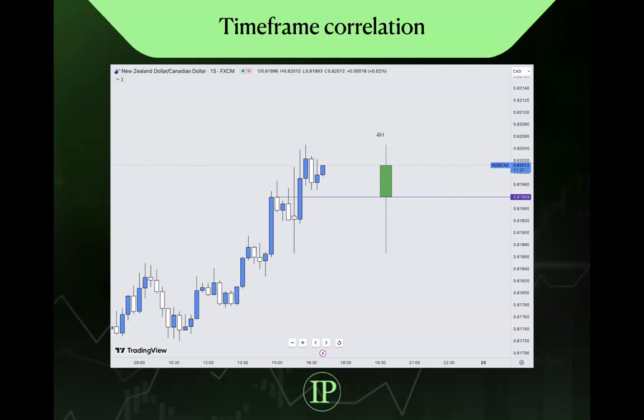So there was a trend that occurred on the 15-minute time frame, all within that 4-hour candle. That is how price moved within that 4-hour candle.